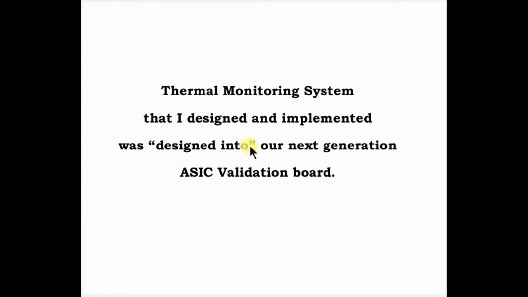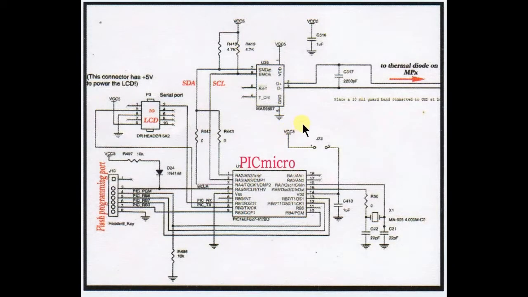So here is the schematic of the next generation validation board. They incorporated my PIC micro. They also had a programming port, so I could change my firmware on the fly. I asked them to put a serial port header, so that's where I would output my data.